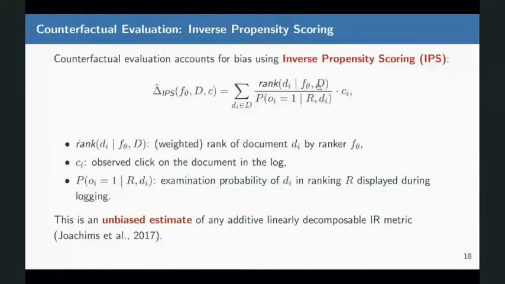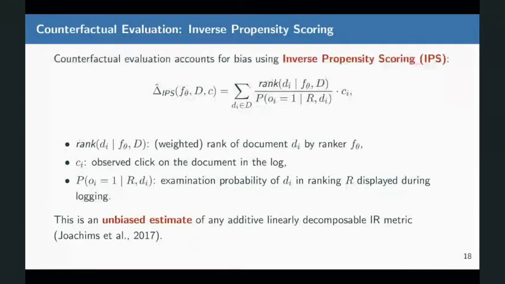So for a single interaction, say one time you show a ranking, you have your vector of clicks. You take the rank of every document that was clicked, but then you divide it by the probability of examination. So documents that have a higher probability of examination will have a smaller weight, whereas if there was very little chance of being examined, there's going to be a very high weight.